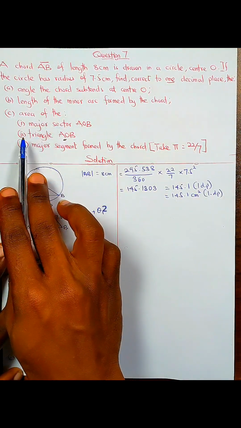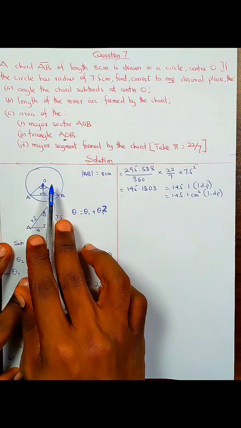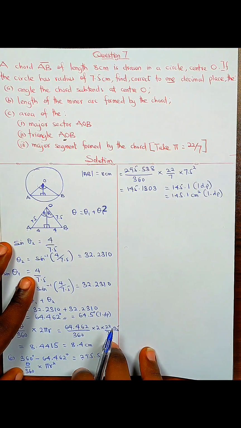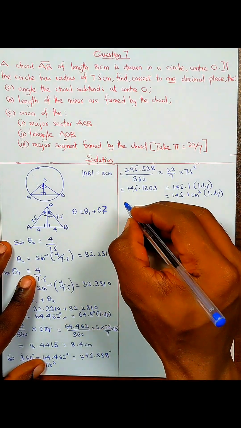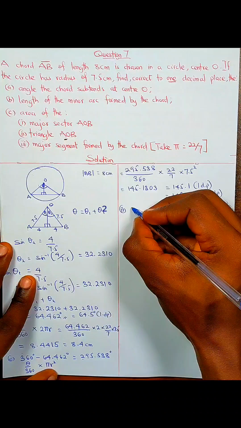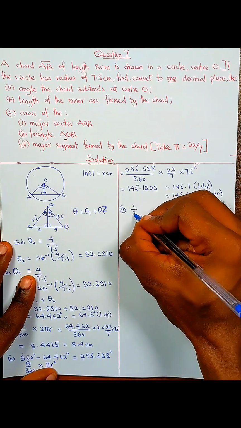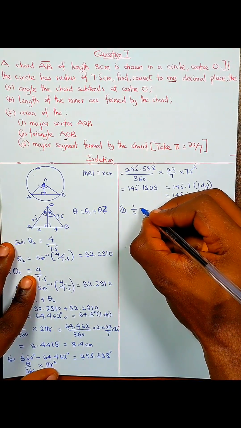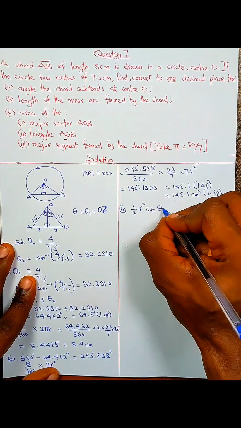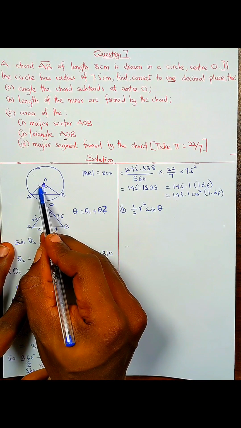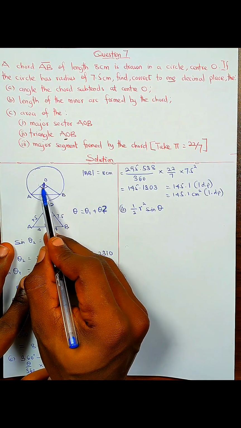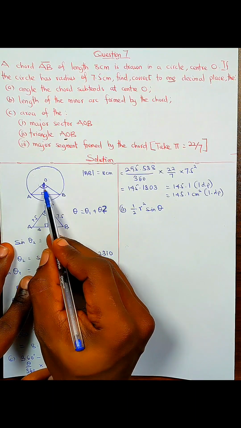How do you find the area of the triangle AOB? There's a formula, and that formula, part II, is given by half r squared sine theta, where theta is the angle here. I'm using this one, the angle inside formed at the center.